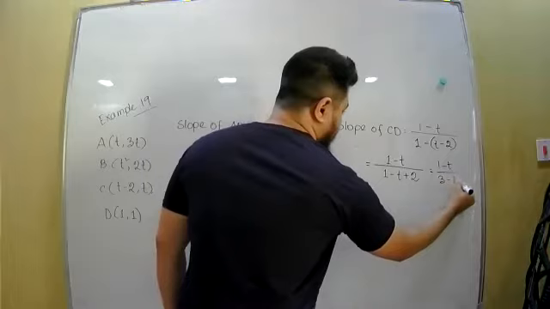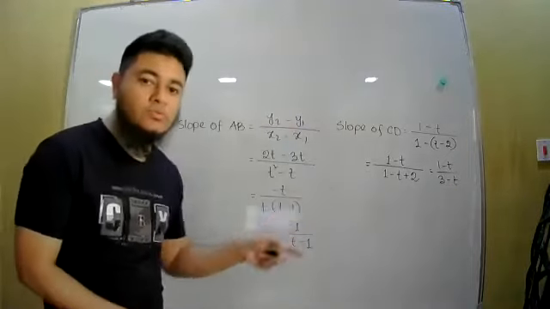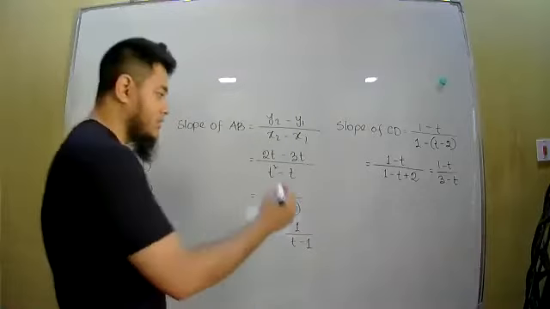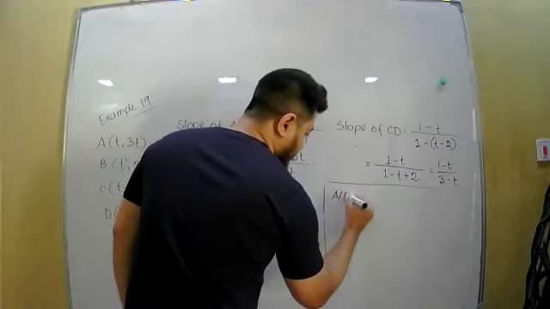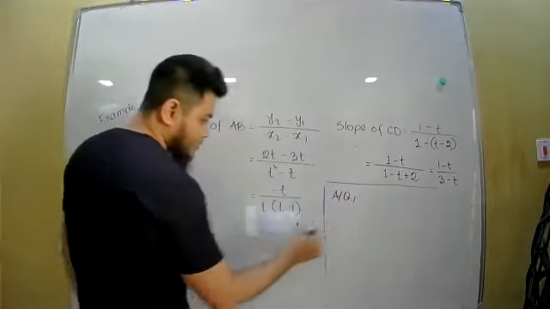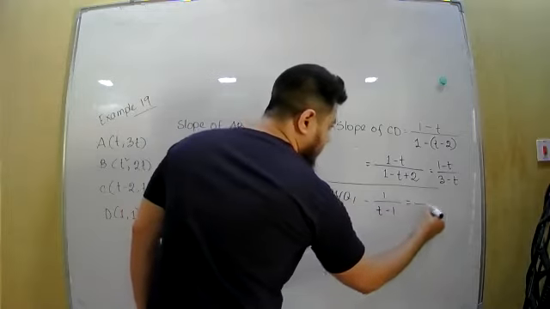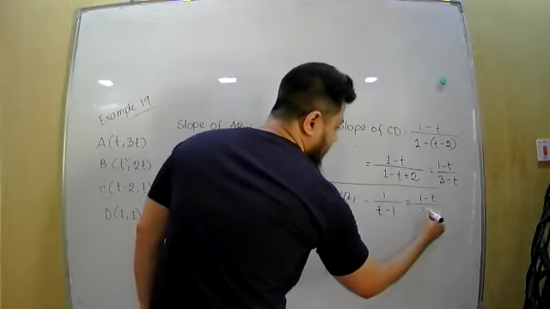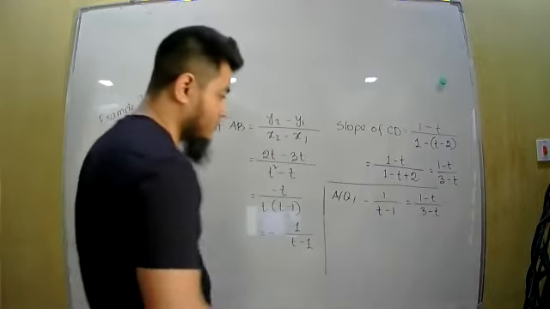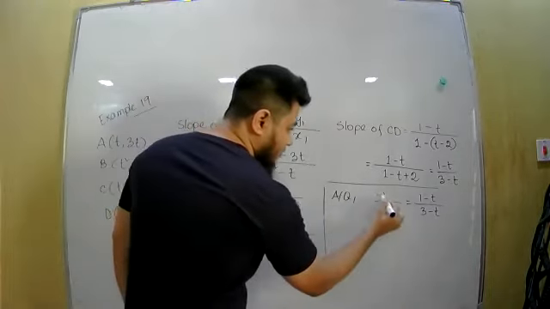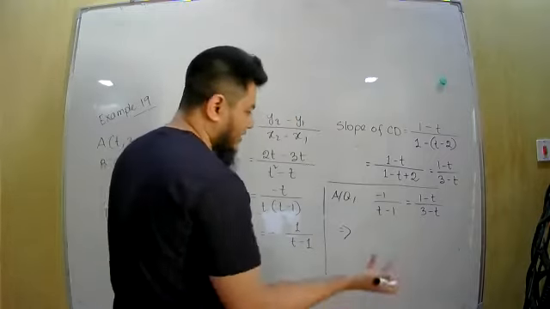So 3 minus t. Now they say these two lines are parallel, so the slopes will be equal. According to the question, we can write this slope, minus 1 by t minus 1, is equal to 1 minus t divided by 3 minus t. The minus will be easier if we write it with the 1, which makes cross multiplication a little easier.